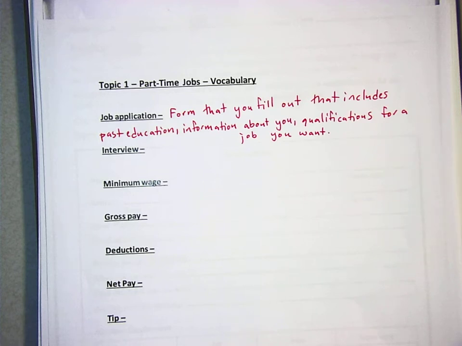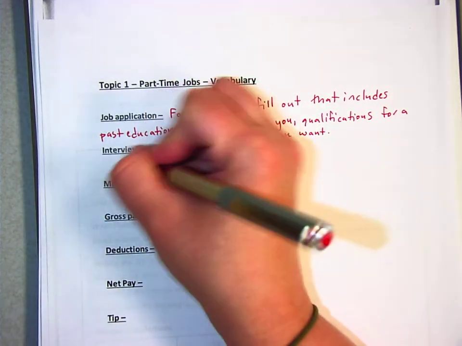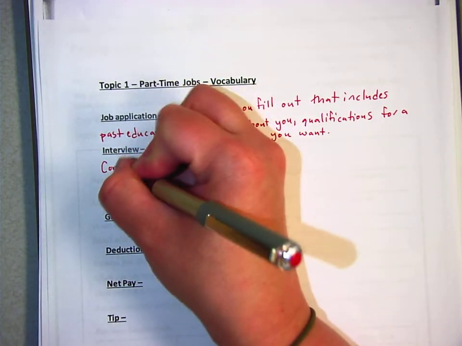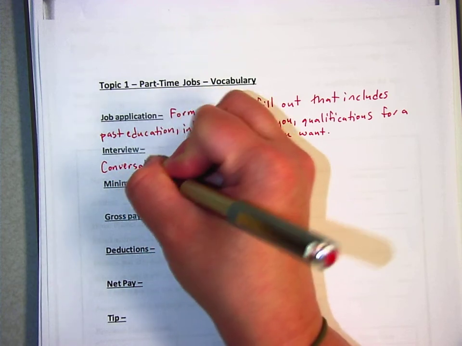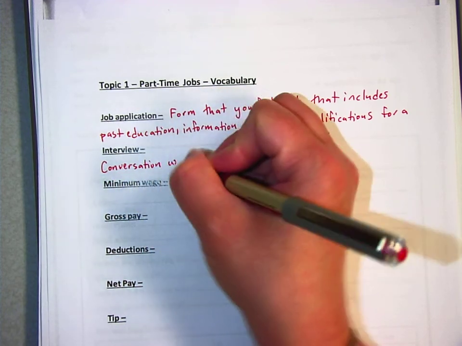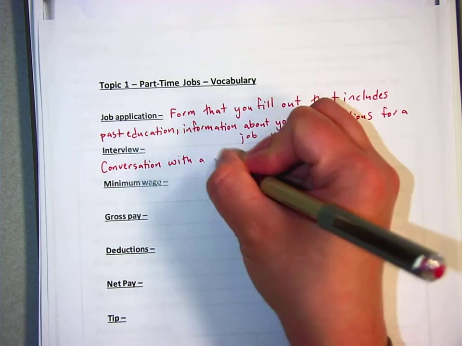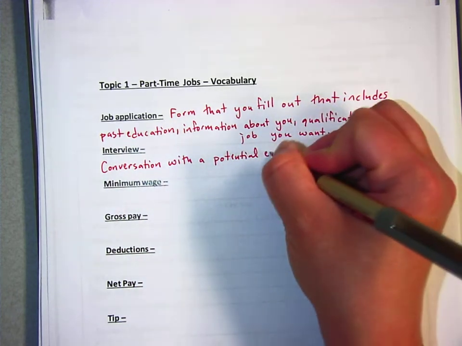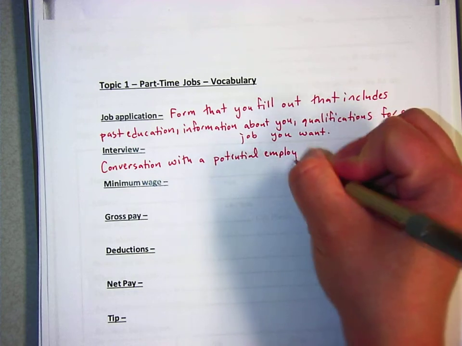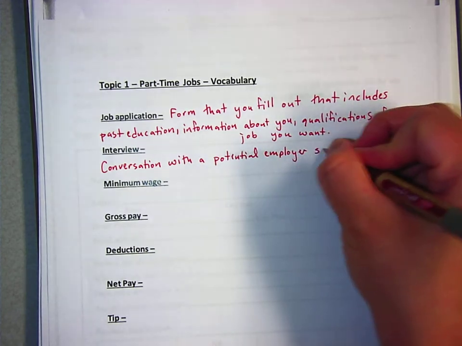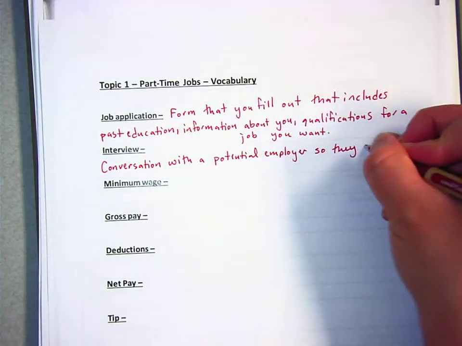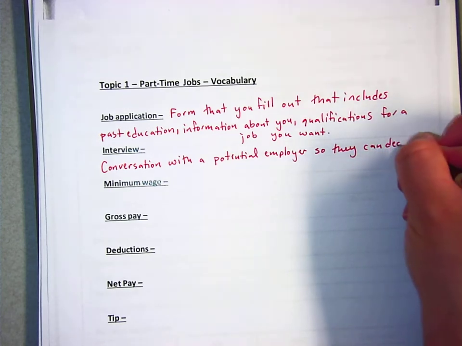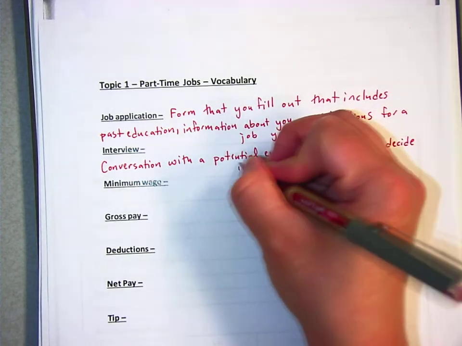If somebody likes your job application and they want to do an interview with you, then this one, an interview, is a conversation with a potential employer so they can decide if they want to hire you.